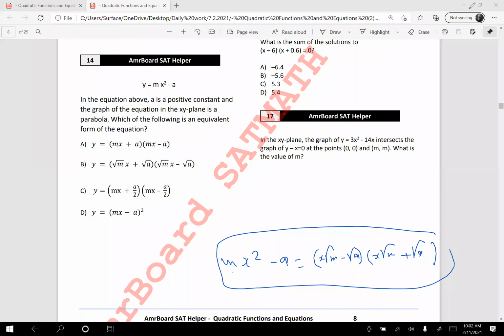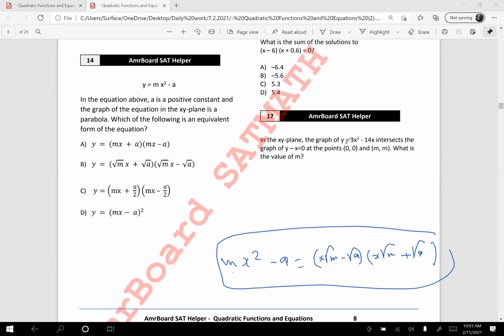I'm talking about number 17. No one? Okay, let me solve it.